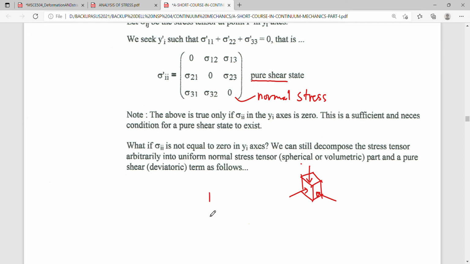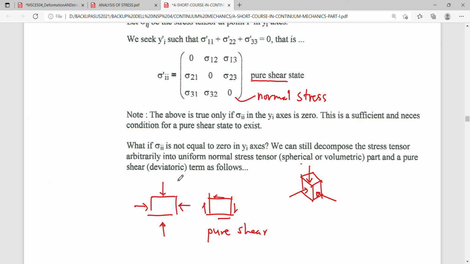So if we try to look at a two-dimensional scenario here, the shear stresses will not change the volume but rather change the shape. So if this is a pure shear state, and this is a pure normal stress state, you just imagine the characteristic of the deformation, which is volumetric in this case and deviatoric in this case.